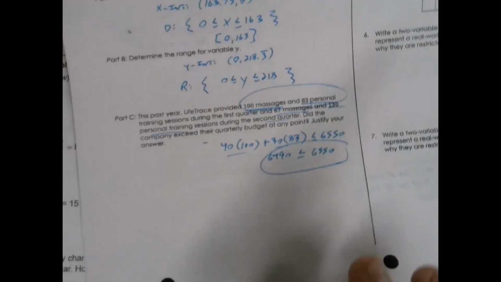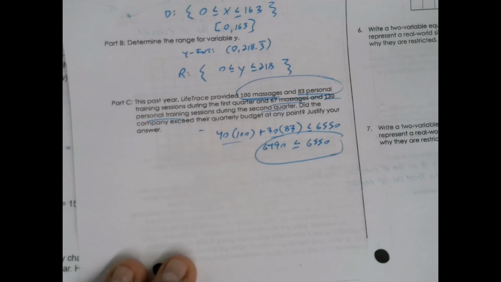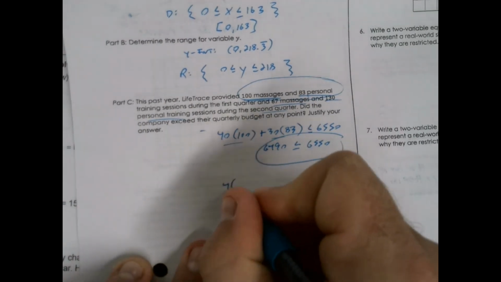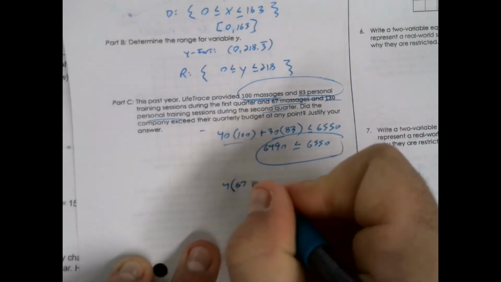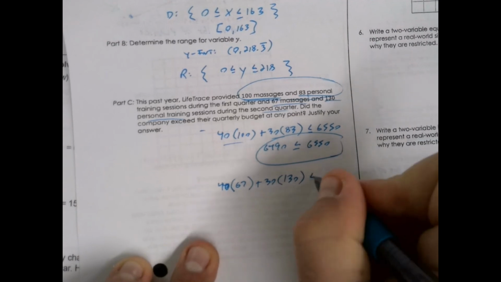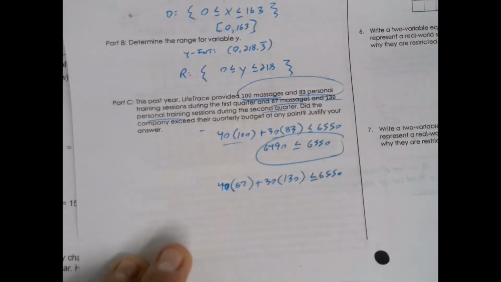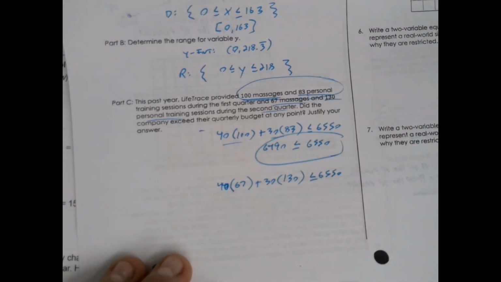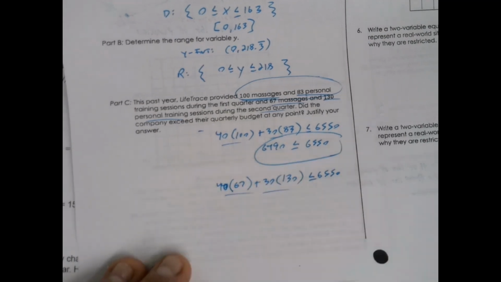Okay. Now, let's do the second quarter scenario. What if I had 67 massages combined with 130 personal training sessions? Crank out those numbers. Okay? Let's see if we produce a true statement.